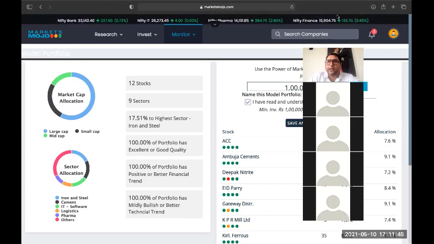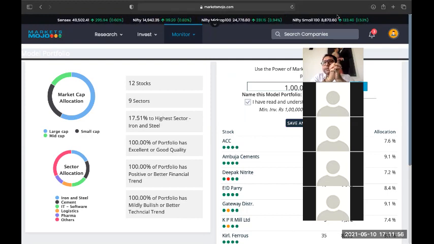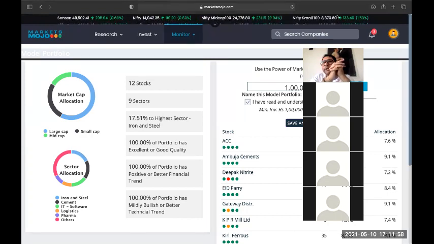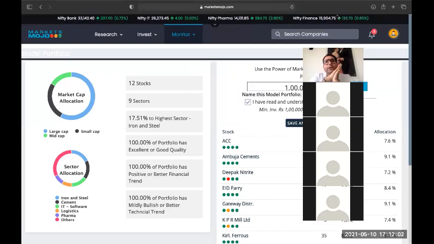Just buy those stocks, enter your buying orders, or if you have Zerodha as a platform, you can put in your GTT or your AMO orders one day in advance, and as soon as the market opens at 9:15, your orders will be executed and the shares will be added to your account. I think you have to wait for around 2 days, and thereafter you have to give a request to pledge those shares, and you will receive margin against it. That margin can be used for your trading purposes.